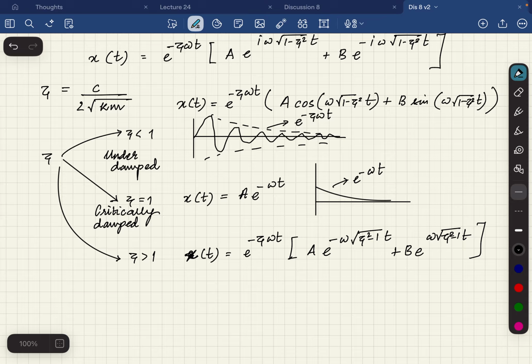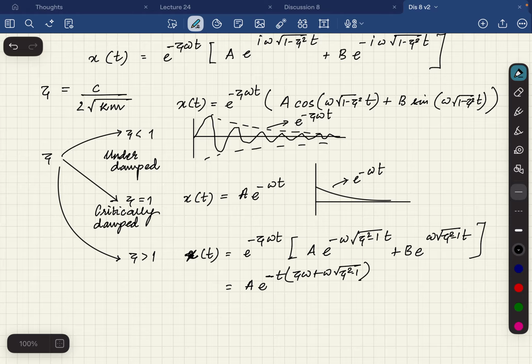If you look at this, there's going to be a large negative exponent and a small negative exponent, but both of them are going to be negative. So you can verify that this becomes a e to the power minus t times zeta omega plus omega times root over zeta square minus 1.